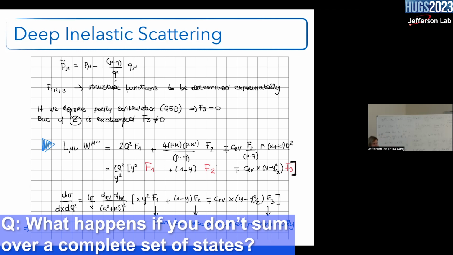I think I did see it done only once in my life, because when you do deep inelastic scattering, you only integrate over the X. Because you integrate over the X, then you can write the most generic Lorentz structure, and then you can apply time reversal, and then you can apply the Ward identity, and everything seems fine. So for example, the thing that you cannot apply is the Ward identity, because I think it has to be done on an inclusive final state. But to be honest, I've seen it only once and I don't remember really well, but that's a good question.